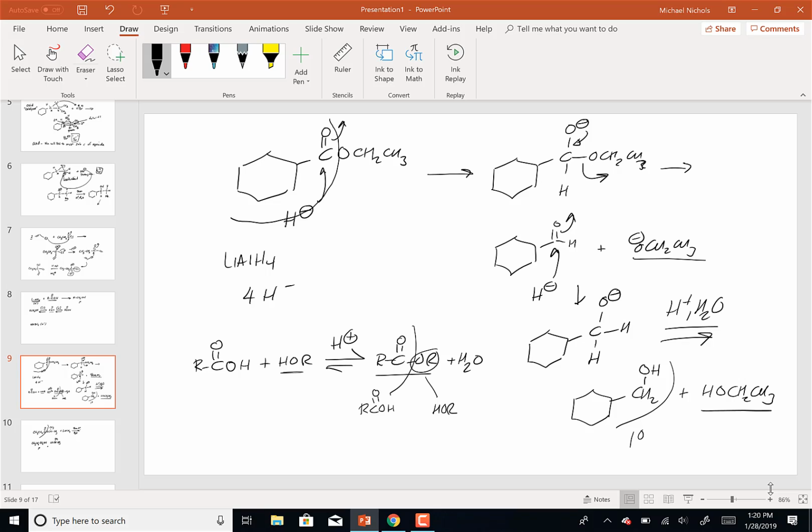If I added the acid while the Grignard was present, I'd kill the Grignard. So after the reaction's over, then you add the H plus H2O step. So it's really a two-step process. What else?